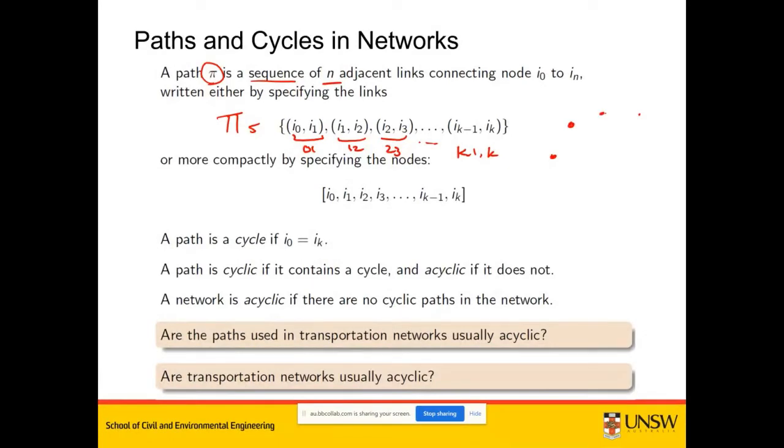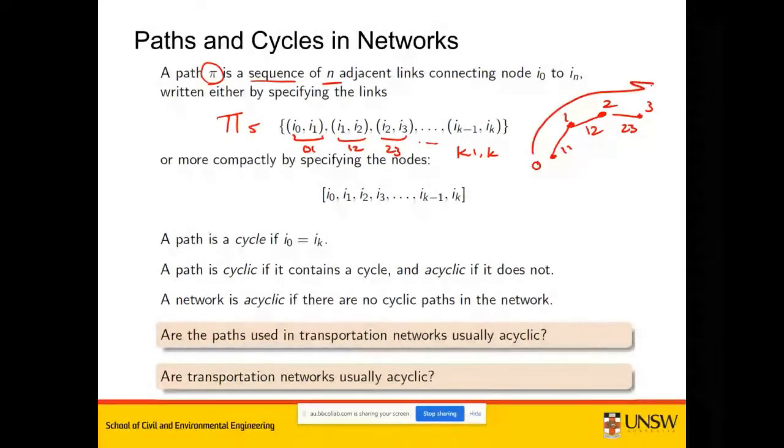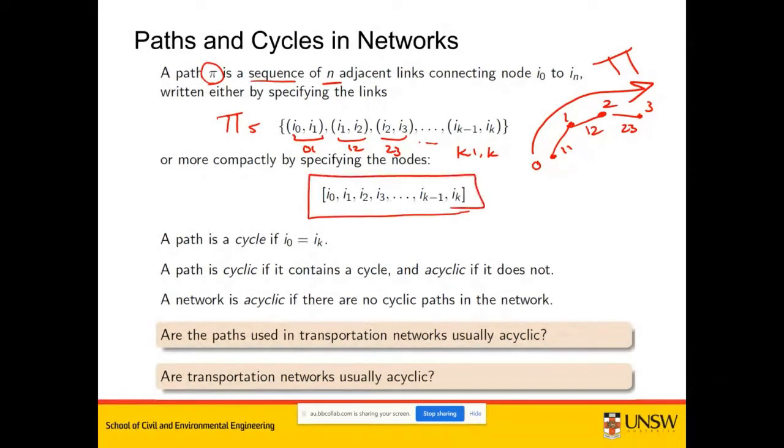So imagine this is a path. If this was 0, 1, 2, 3, then 0 to 1, 1 to 2, 2 to 3 are the links, and this pi is a sequence of n adjacent links. And if you want to write it more compactly, you can just say I0, I1, I2.